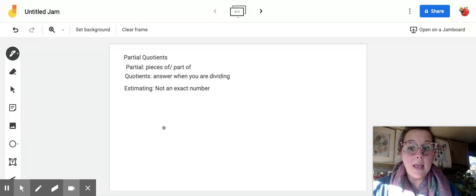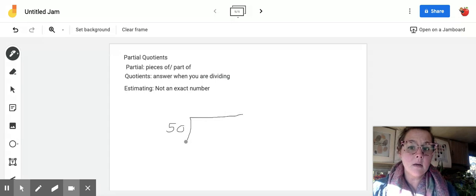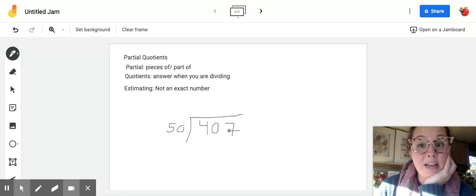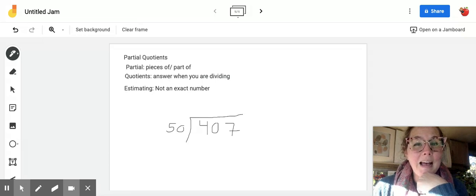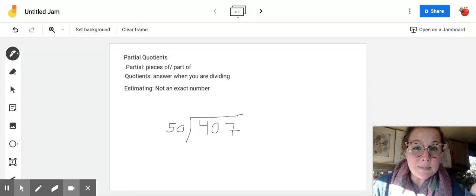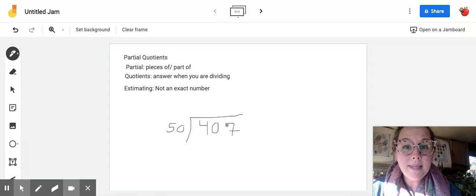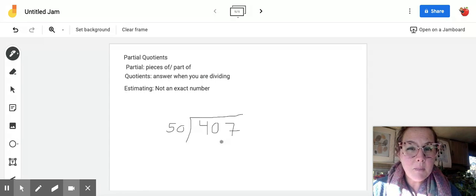Okay. If I had the number 50 and I want to divide it by 407, that's the problem: 50 divided by 407. But on the directions it says estimate it. What that means is you're going to come up with a number instead of 407.